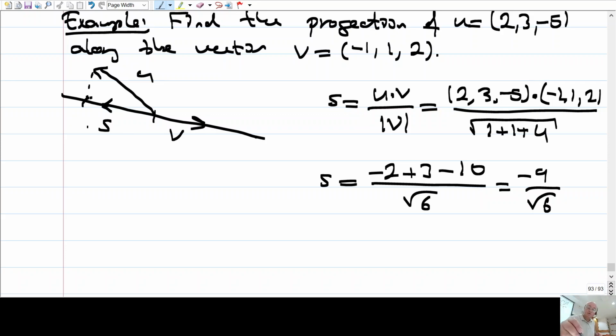And this s is this number, and the length here is just the absolute value of this number. So this length is 9 over square root of 6, and this minus sign means that the projection of u onto the vector v is in the opposite direction to v. v is going this way, but the projection of u is going the other way.